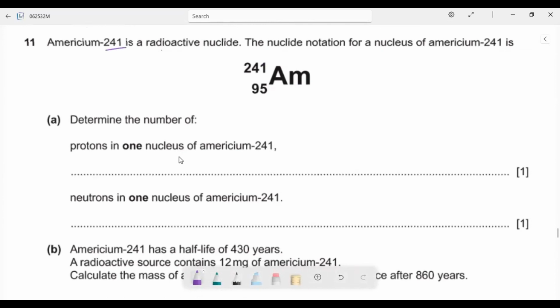Americium-241 is a radioactive nuclide. The nuclear notation for the nucleus of Americium-241 is 241 95 Am. So this represents the mass number, and this represents the atomic number.